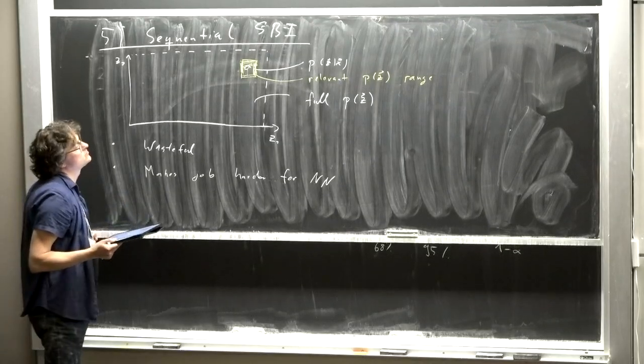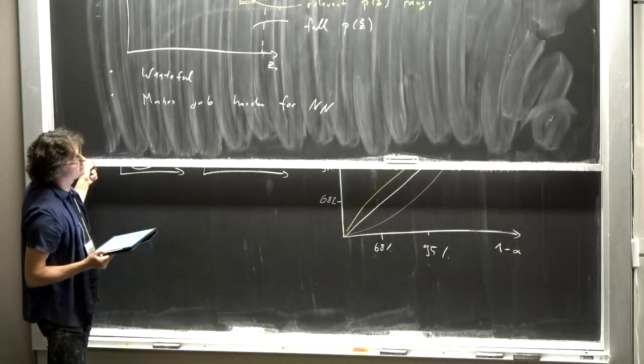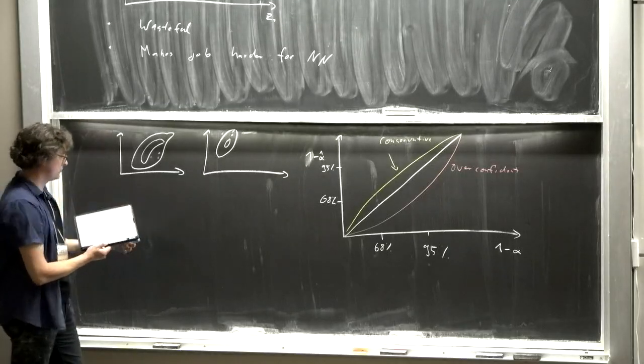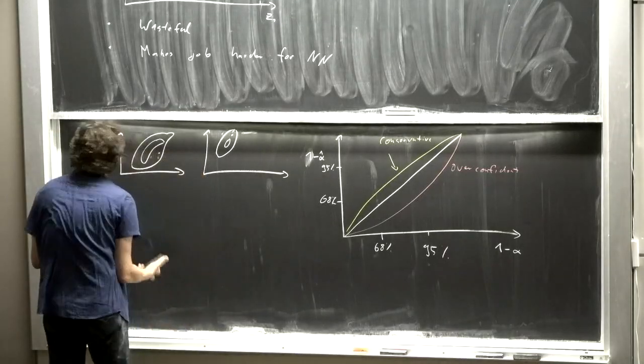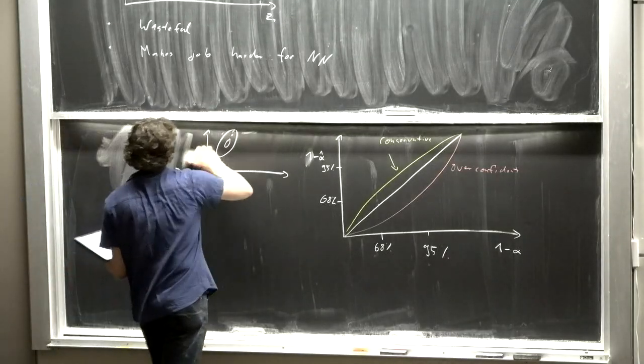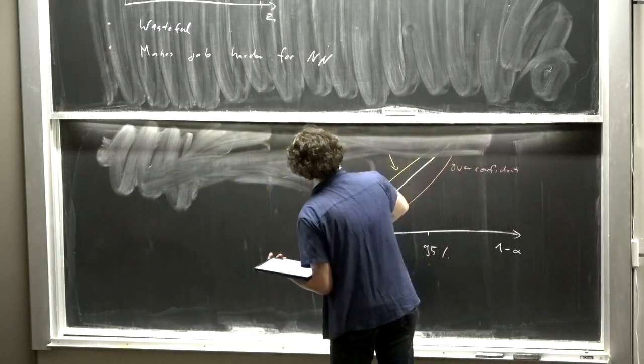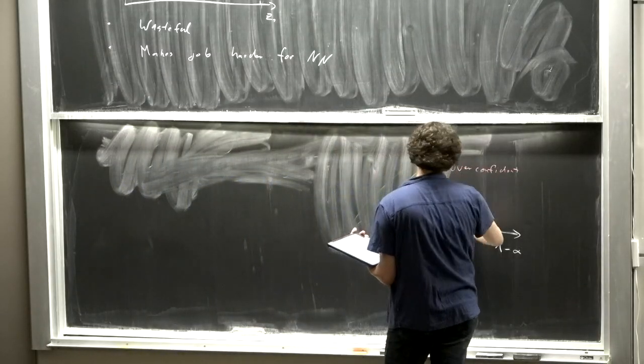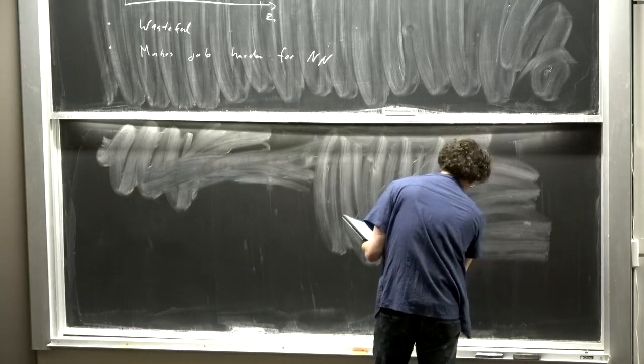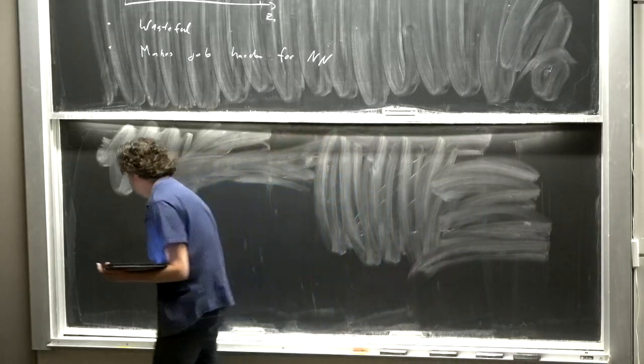Right. So the idea of sequential simulation-based inference is to focus systematically on the region of the parameter space that is most relevant. And there are quite a few ways to do this.